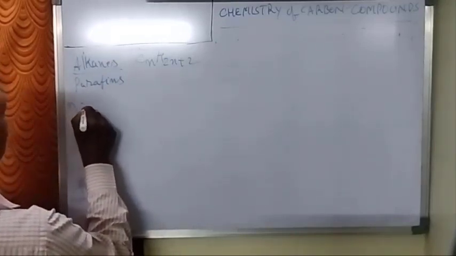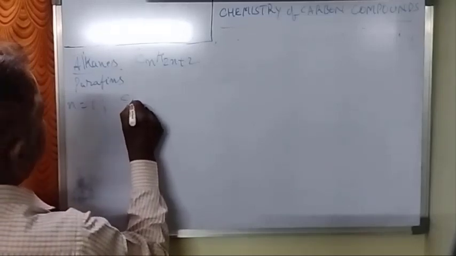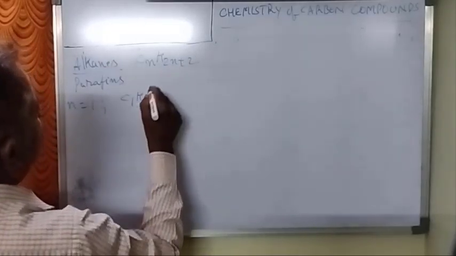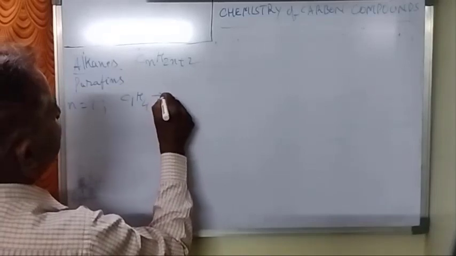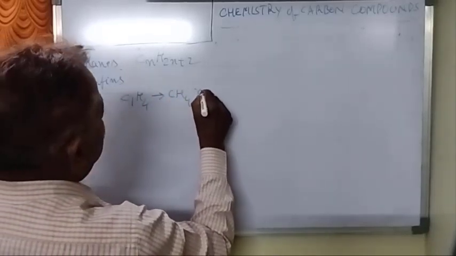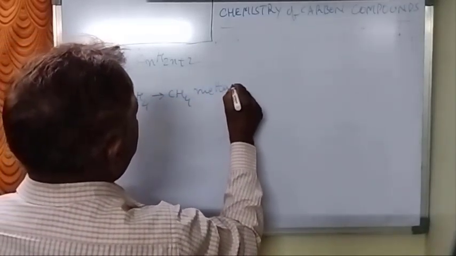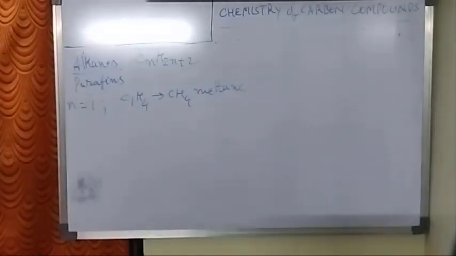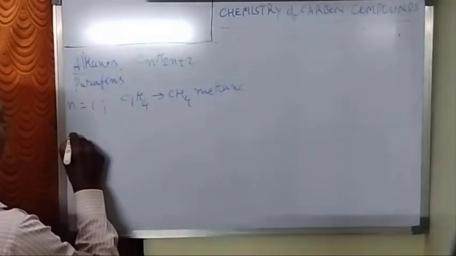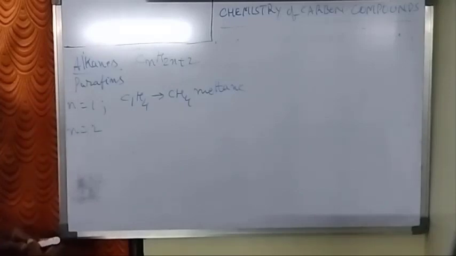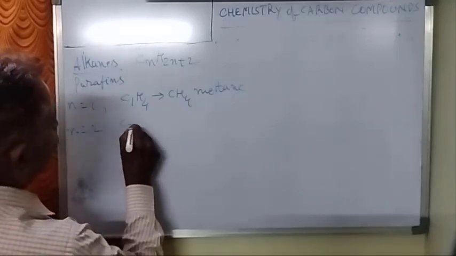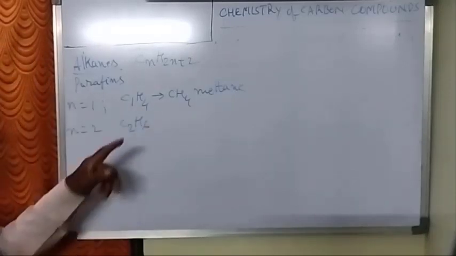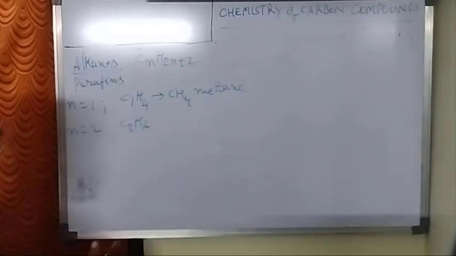So n equal to 1, this is C1H(2 ones 2 plus 2) 4, nothing but CH4. And this substance is methane. And then next substance is n equal to 2, C2H6. 2 2s 4 plus 2 is 6, C2H6.